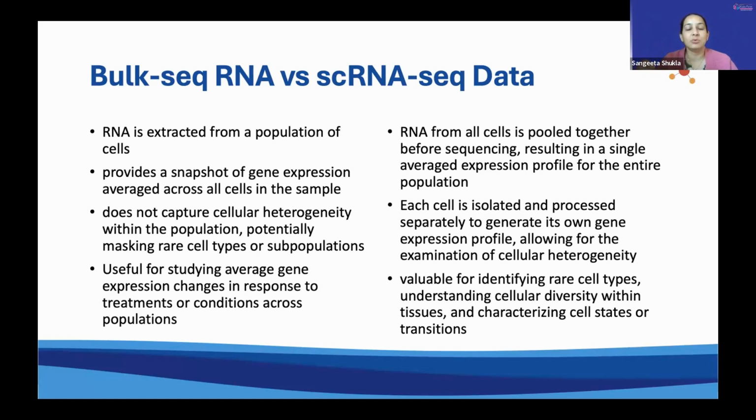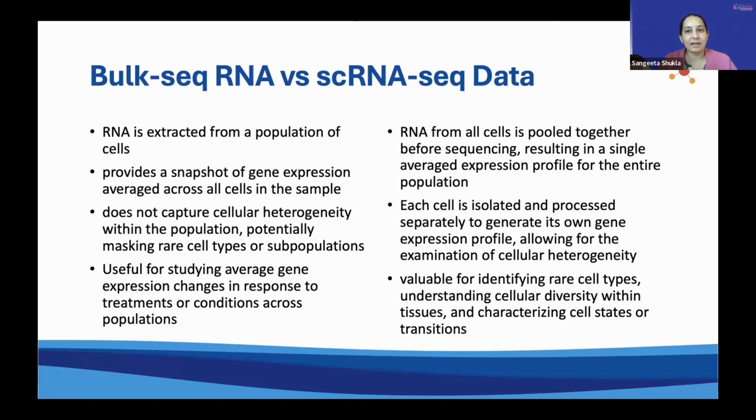We would be able to use individually isolated cells and process them separately to understand the gene expression profile for all the different subpopulations. That is how we can examine cellular heterogeneity using single-cell RNA-seq.